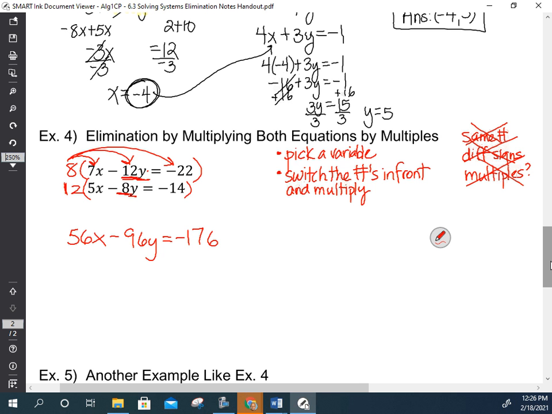Do the same thing to the bottom. 12 times 5 is 60. 12 times negative 8 is negative 96. 12 times negative 14 is negative 168. Any questions before we continue?